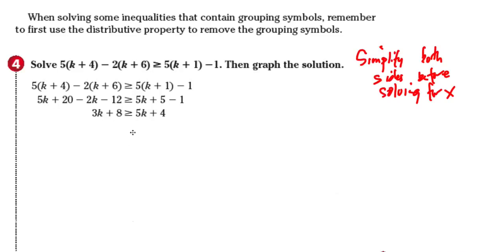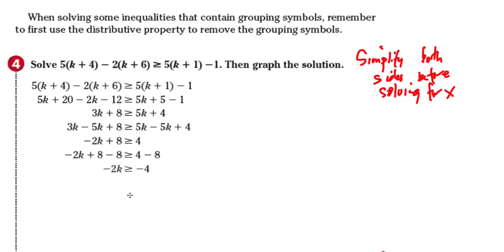Now both sides have been simplified. Now we need to decide which variable we want to undo. We want to undo 5k by subtracting 5k from both sides. In doing that, we end up with negative 2k plus 8 is greater than or equal to 4. We want to undo positive 8 by subtracting 8 from both sides.